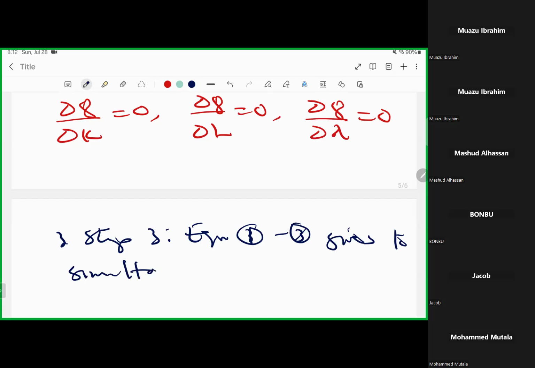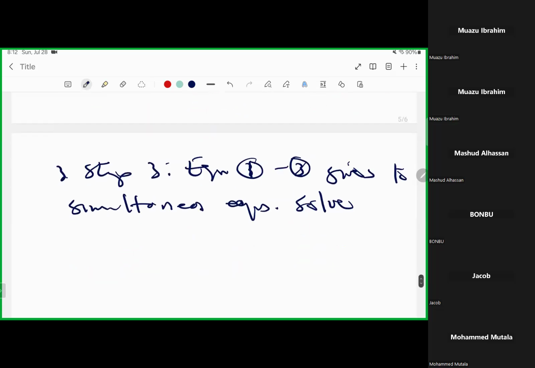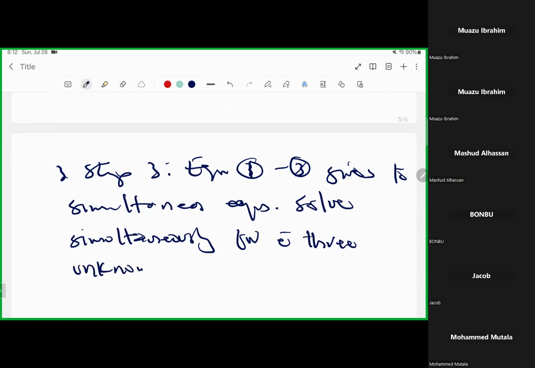Please note, it gives you the simultaneous equation. So what do you do? You solve simultaneously for the 3 unknowns, or for the 3 variables.